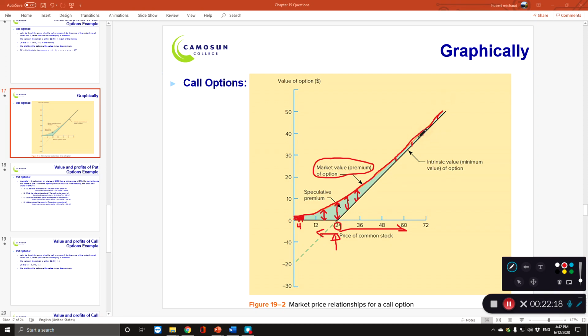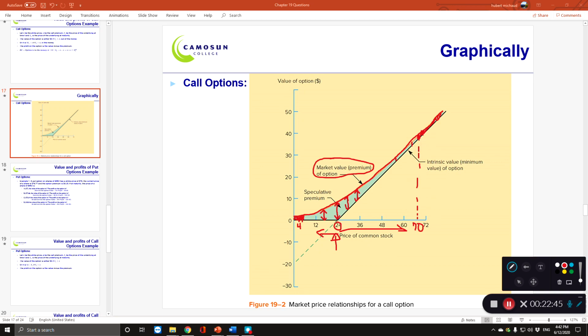On the other hand, suppose that we were on this side here, where the speculative premium is also pretty small. Would you find it really valuable to buy the option? Well, in this case, the option doesn't actually give you a lot of downside protection. A share is valued at $70 per share.